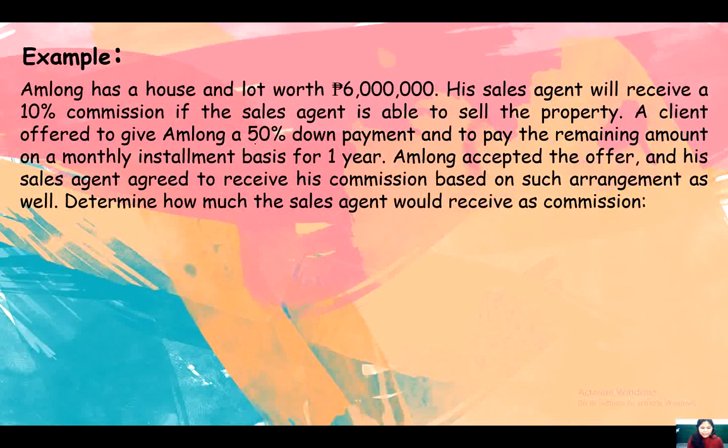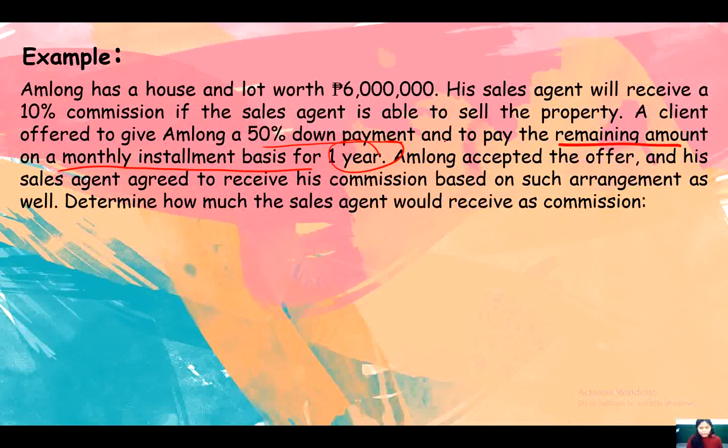So the client will pay a 50% down payment, and the remaining amount will be paid on a monthly installment basis for 1 year. Okay, so Long accepted the offer, and his sales agent agreed to receive his commission based on such arrangement as well.